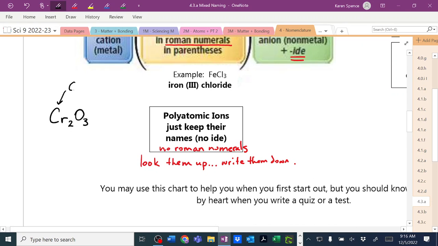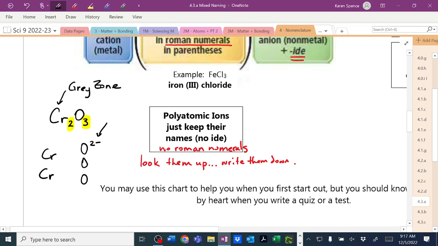This is in the gray zone, so remember we write out all the anions, O, O, O, and all the cations, Cr, Cr. How did I know to write 3 oxygens? Because there's a subscript 3. How did I know to write 2 chromiums? Subscript 2. Excellent. What do I do next once I've written them all out? Find the charge of the oxide, and you can look that up on your table.